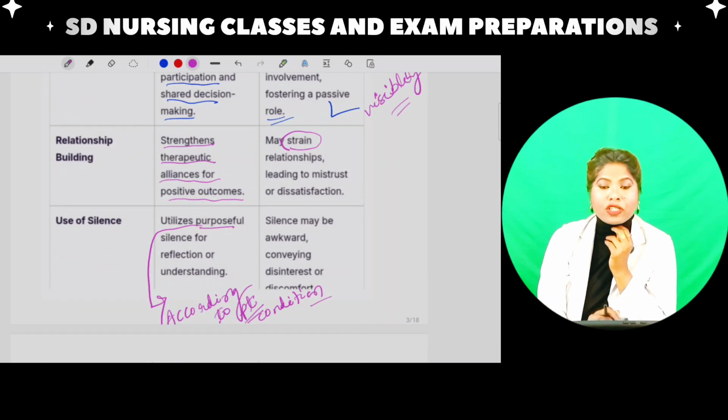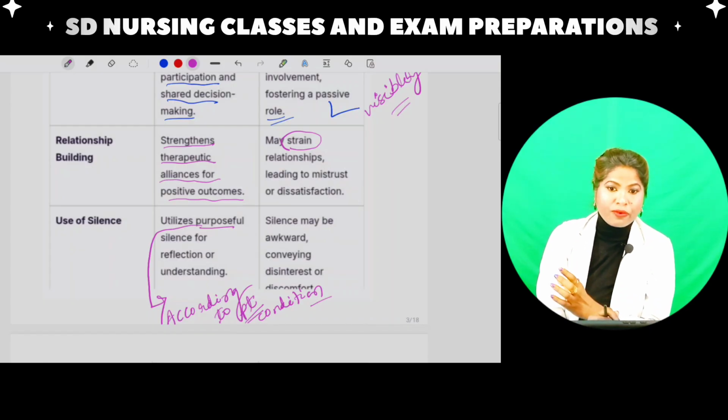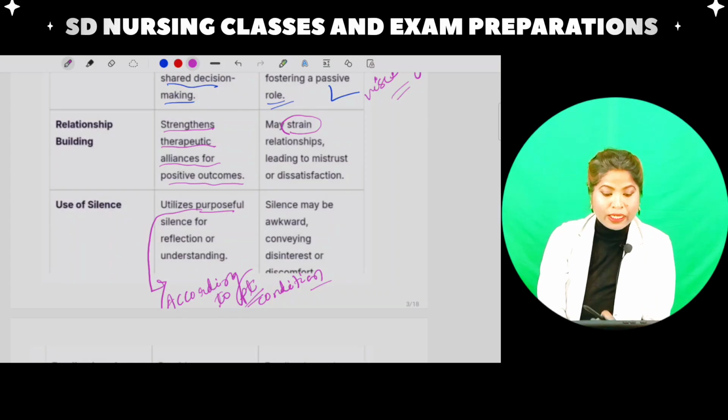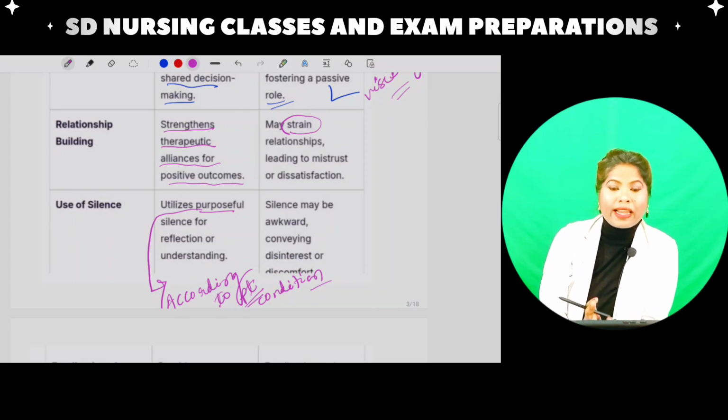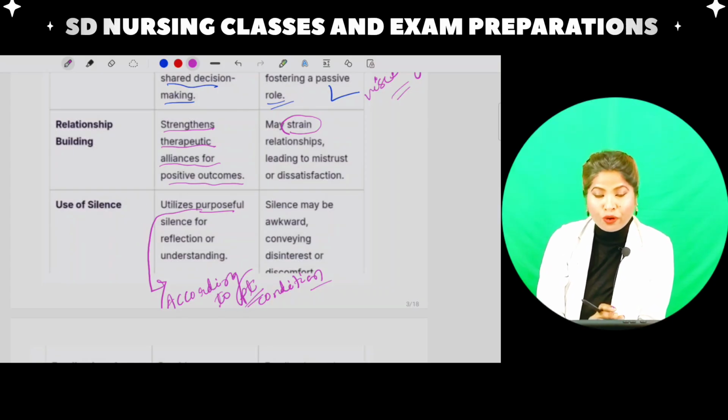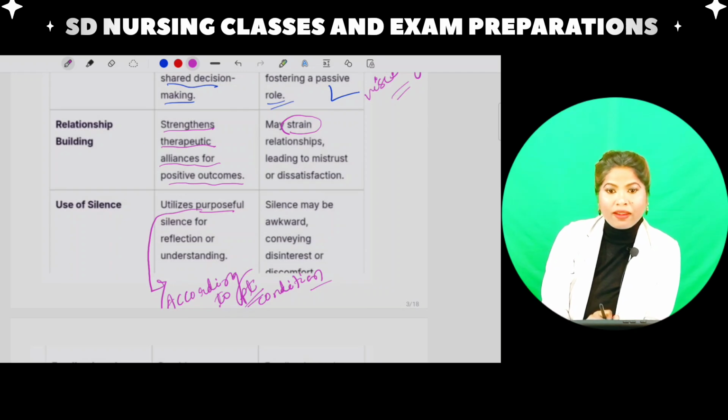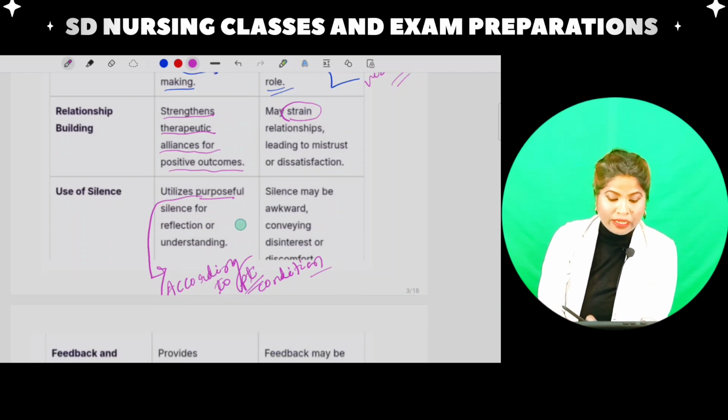What is your relationship with the patient in therapeutic, and in non-therapeutic? Then use of silence: we should not use silence unnecessarily, as it may create an awkward situation. So that is for non-therapeutic.